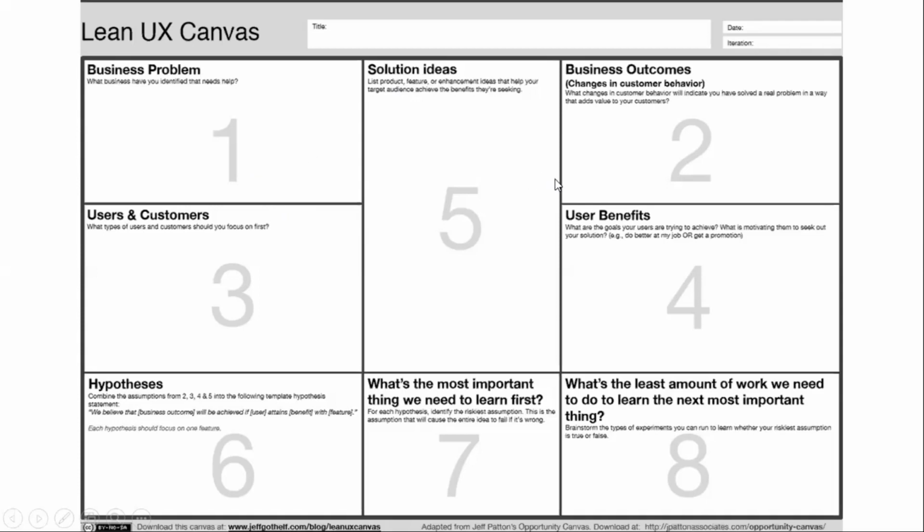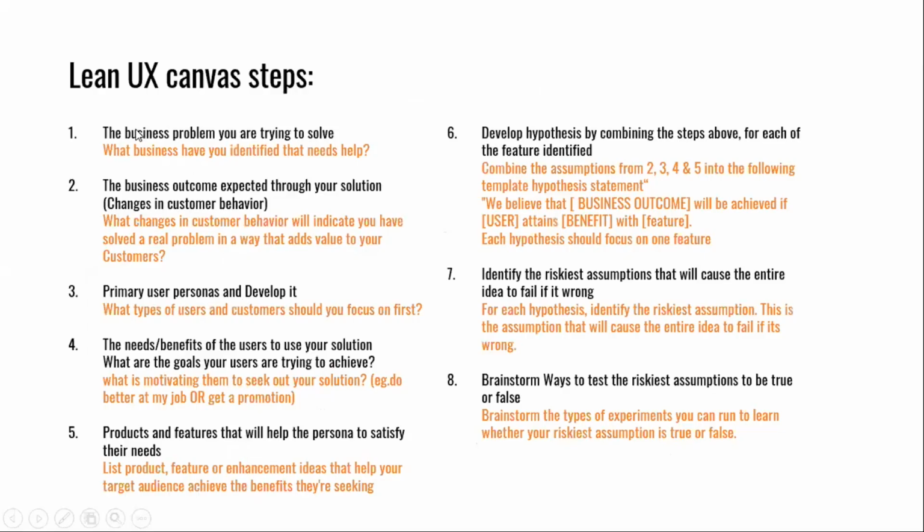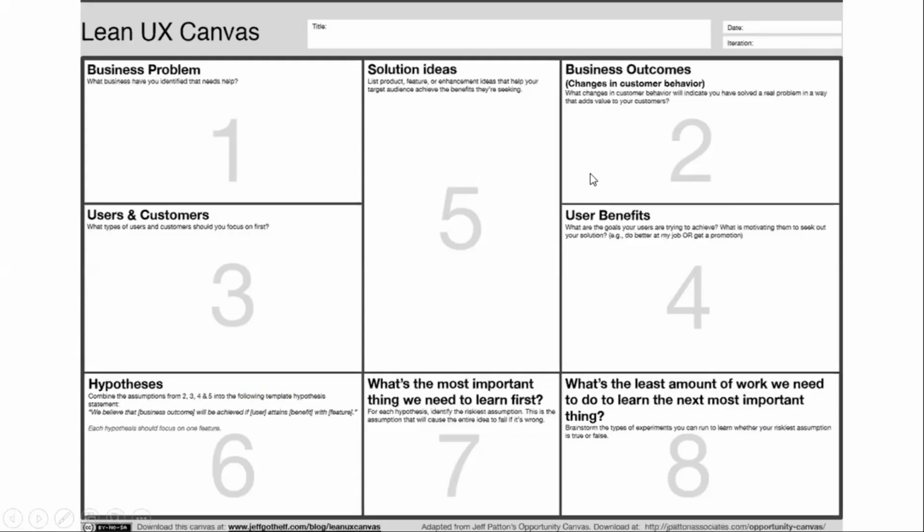Once you identify 1, 2, 3, 4, 5, now you start writing the hypotheses. These are the products and features that will help the persona satisfy their needs. You develop hypotheses by combining the steps above for each of the features identified.